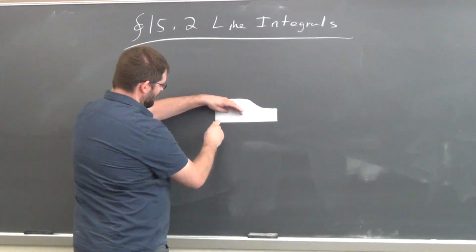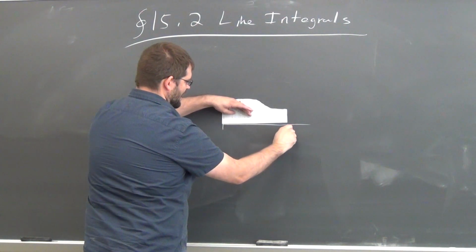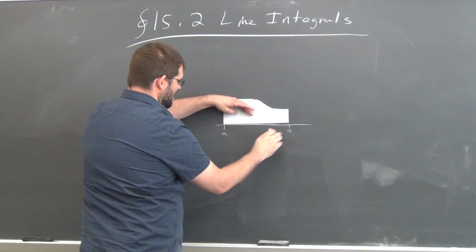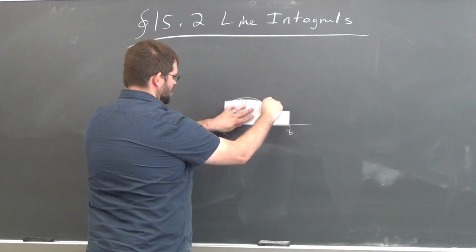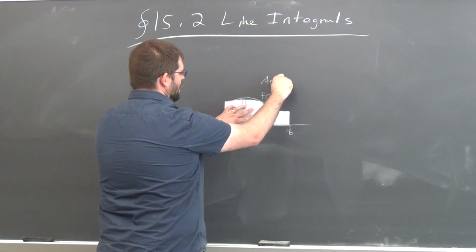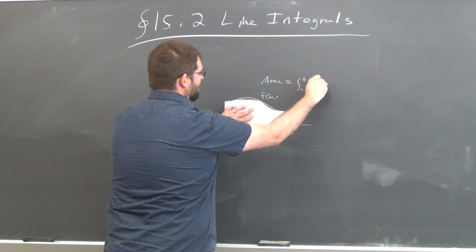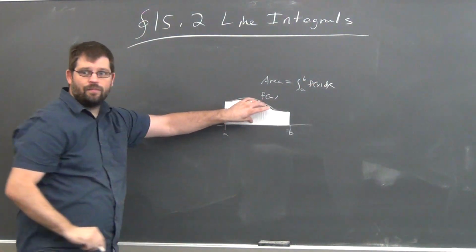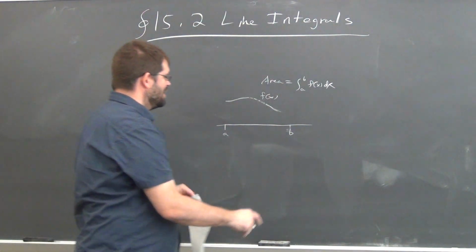We would have taken here to here, A to B, and then integrated our function f of x. The area would be the integral from A to B of f of x dx, right?